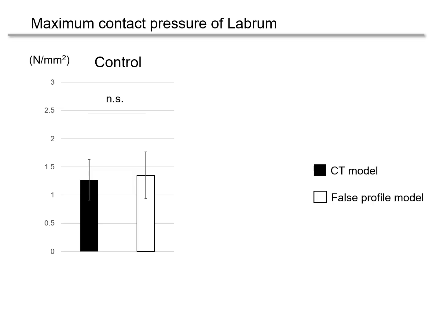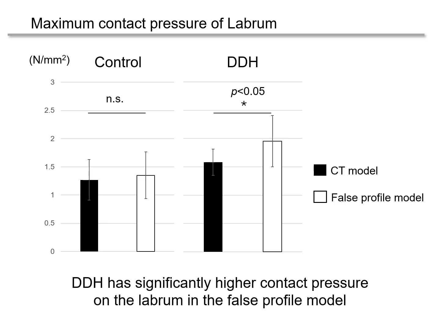This figure shows the calculation of contact pressure on the labrum. The vertical axis is contact pressure. The black graph is the 3D CT model, and the white graph is the 3D false profile model. In the control, the average was 1.2 plus or minus 0.4, but in the 3D false profile model this changed to 1.4 plus or minus 0.4.